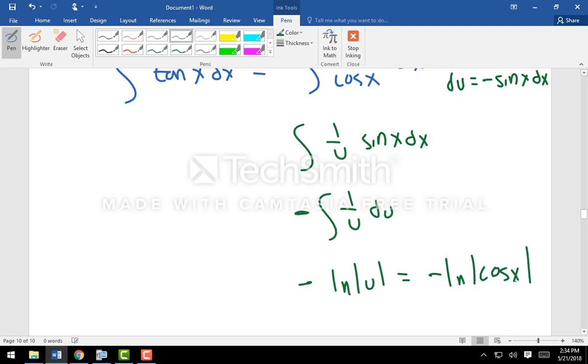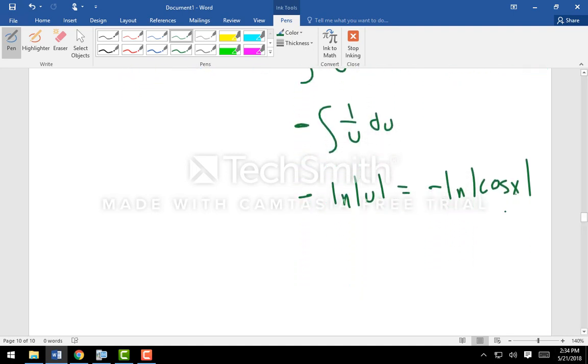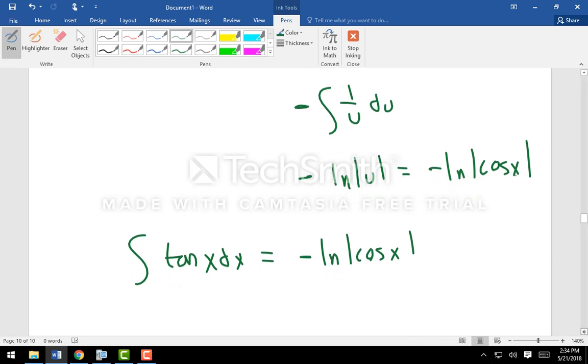So this is an integral you should have seen in a Calc 1 class, and it just involves a basic u sub. Now, some textbooks write this as the answer. Some textbooks will say the integral of regular tangent is negative the ln of cosine of x. Now, some textbooks will simplify this a little bit to a slightly prettier version.